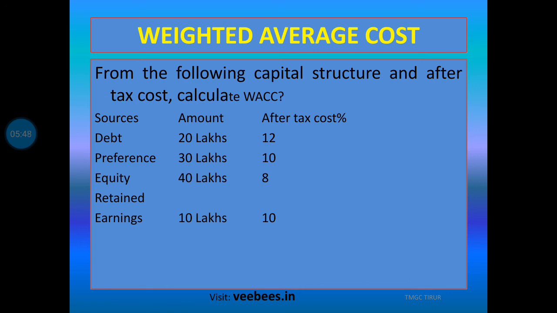If we get a problem like this, draw two more columns, the proportion column and the XW column, multiply X with W to get XW, then total the XW. The total of XW will be taken as the weighted average cost, because the total of sigma W will always be 1.